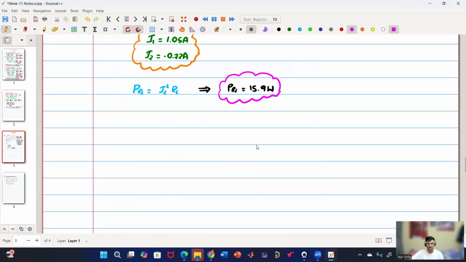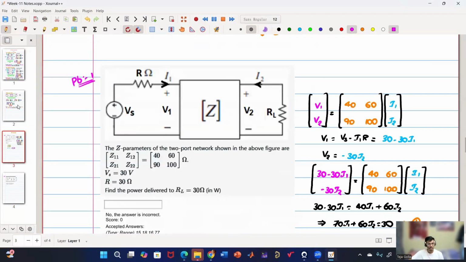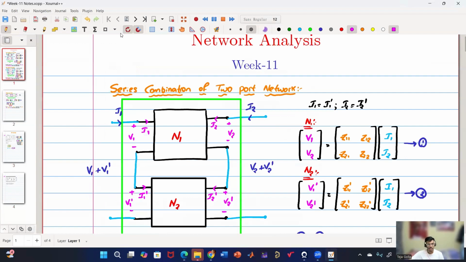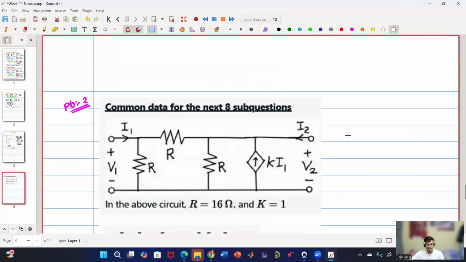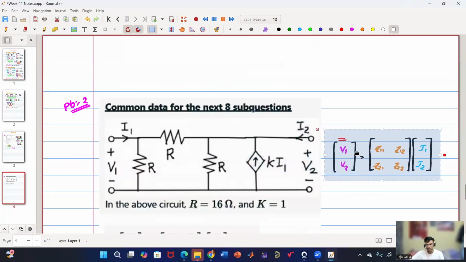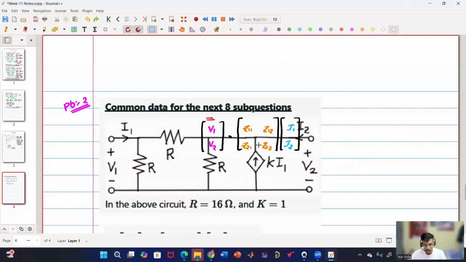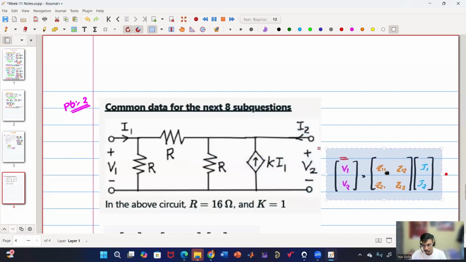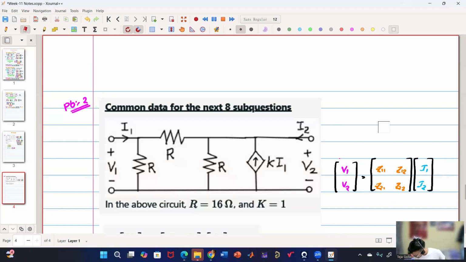So let me import the expression from the first page where I have written it. Yes. So this will be our Z parameters, right?